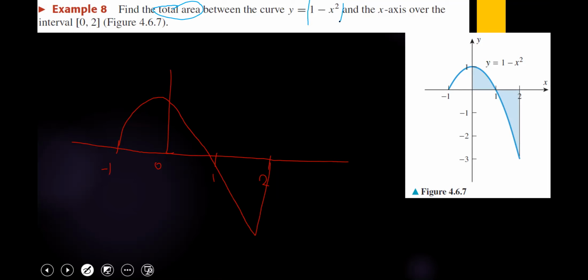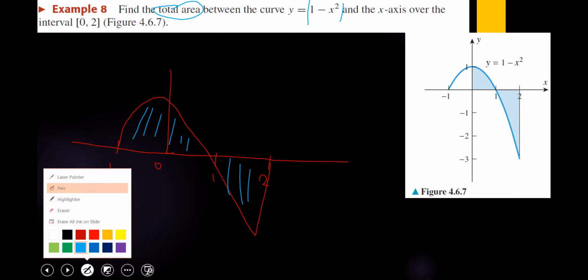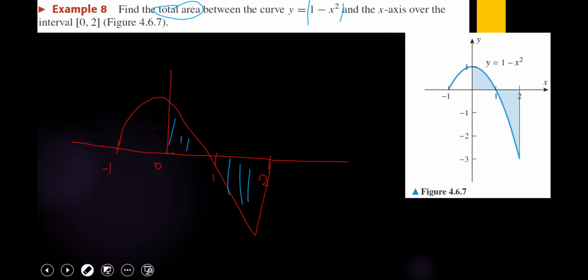So I'm talking about this one, over the interval from 0 to 2. This one here, I don't want it. I want only from 0 to 2 between the function and the x-axis.